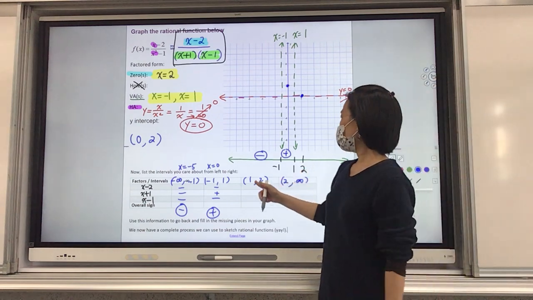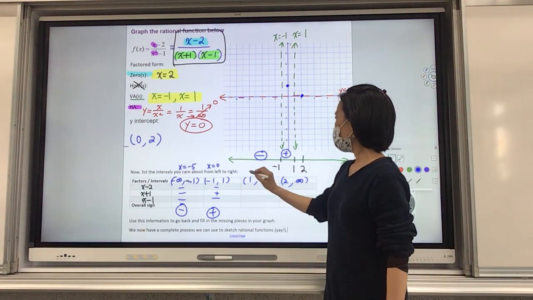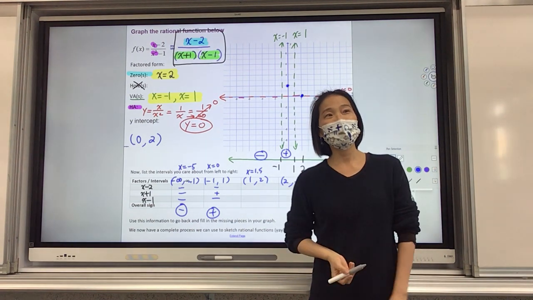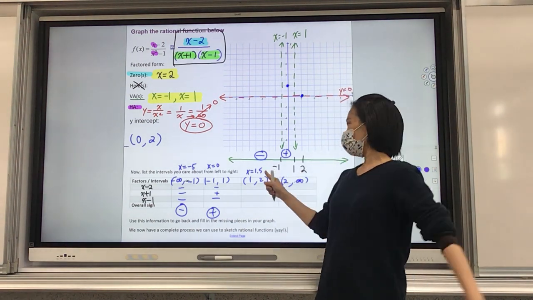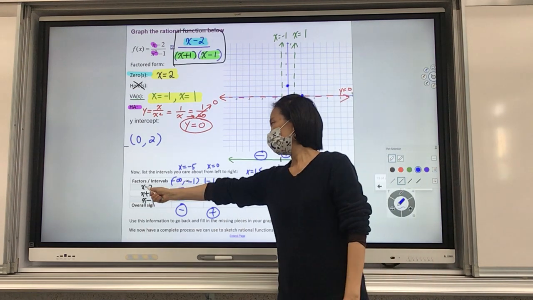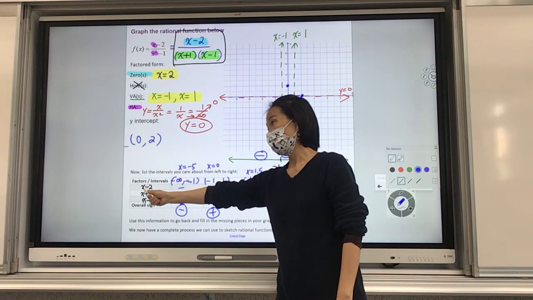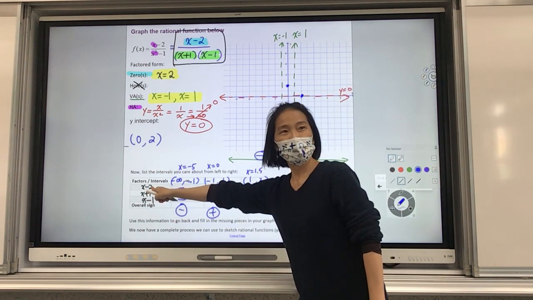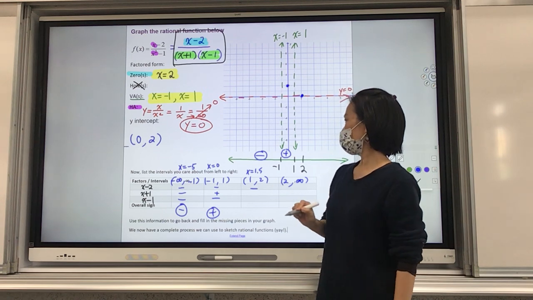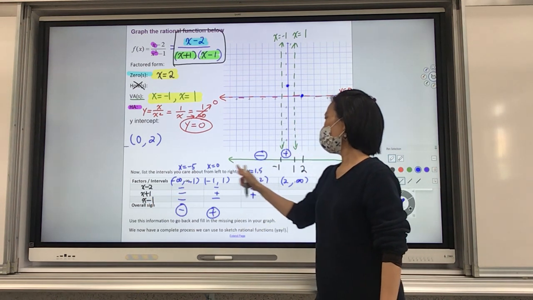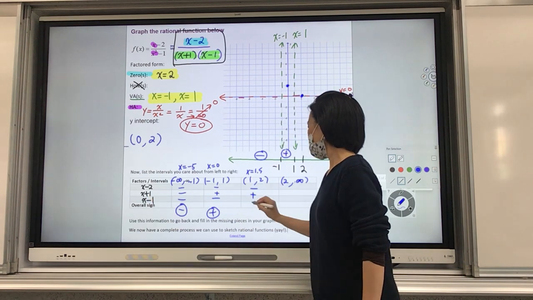Let's choose a point from 1 to 2. How about 1.5? It's okay to be a fraction or decimal because we just want to see if the result for each factor is going to be positive or negative, right? 1.5 minus 2, negative. 1.5 plus 1, positive. 1.5 minus 1, still positive.